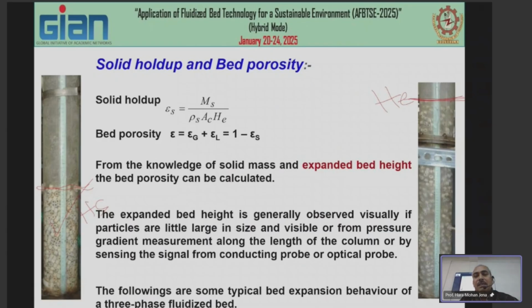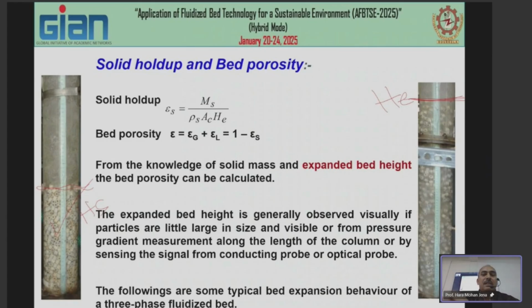As the bed expanded, the void space between the solids, the free space in between the solids, is what you consider as the bed porosity. So bed porosity increases with the expansion of the bed. Bed porosity is a parameter which is used for the calculation of many things.